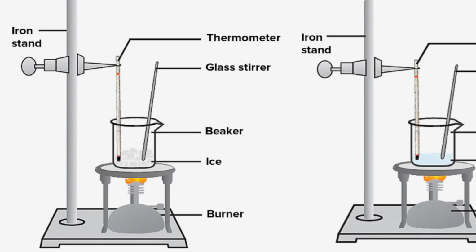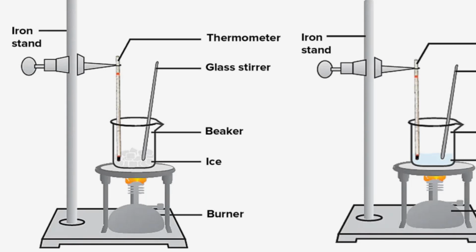We are continuously stirring it with a glass stirrer so that the heat is uniformly distributed throughout the ice. What you observe in the thermometer is that the mercury level goes up. And you all know about this, that the mercury level goes up when there is a rise in temperature. That is happening obviously because of the continuous process of heating.